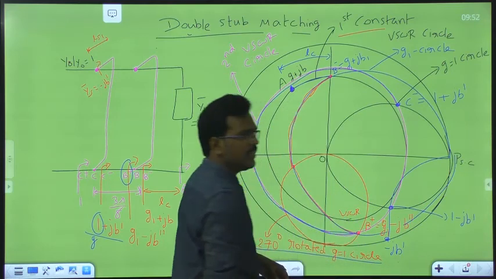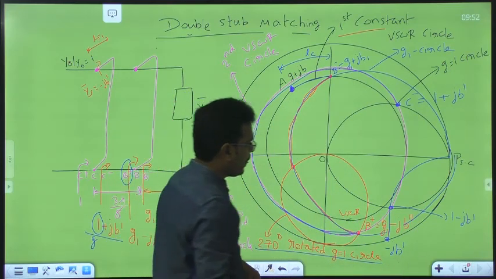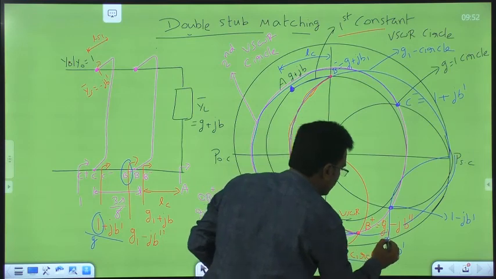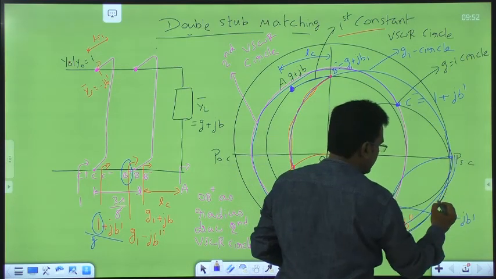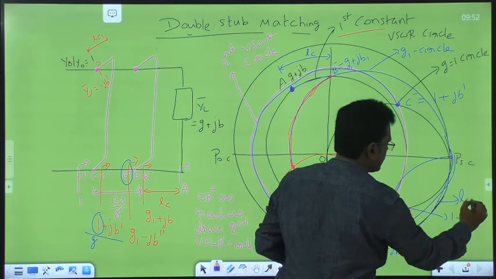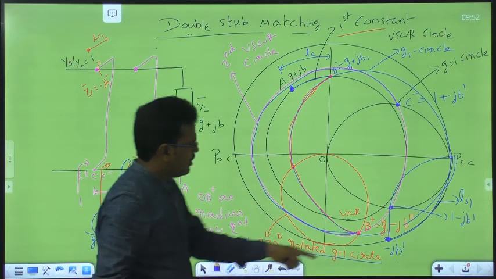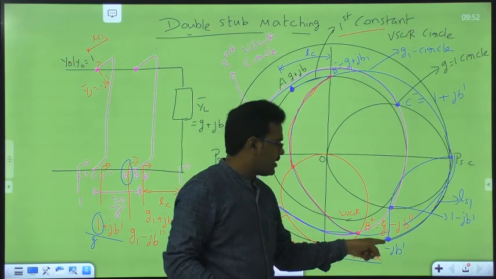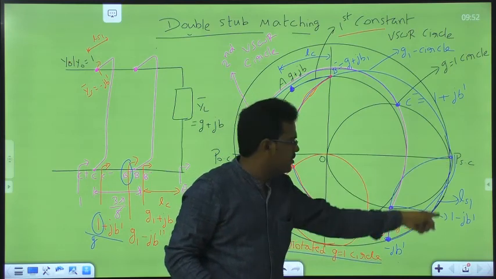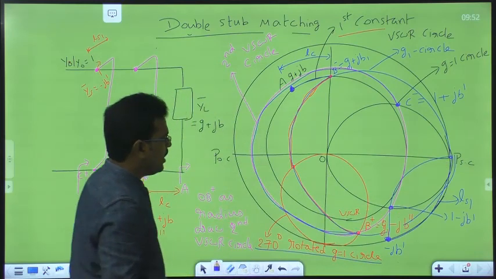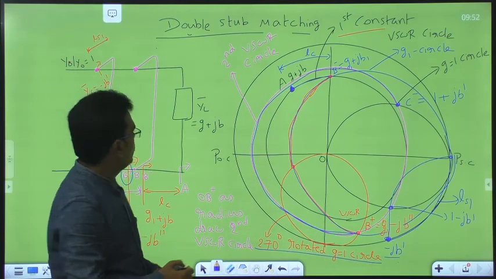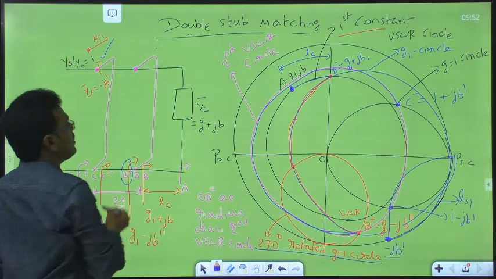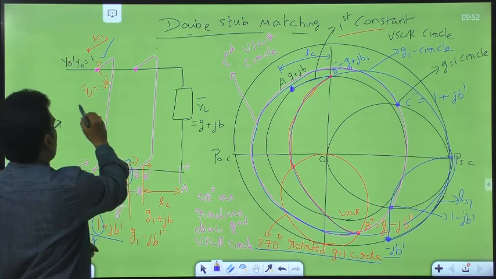This is what we did earlier. The distance between minus jB dash and the short circuit point gives the length of step 1, and minus jB dash is the step admittance. So length of step 1 and step admittance are done.